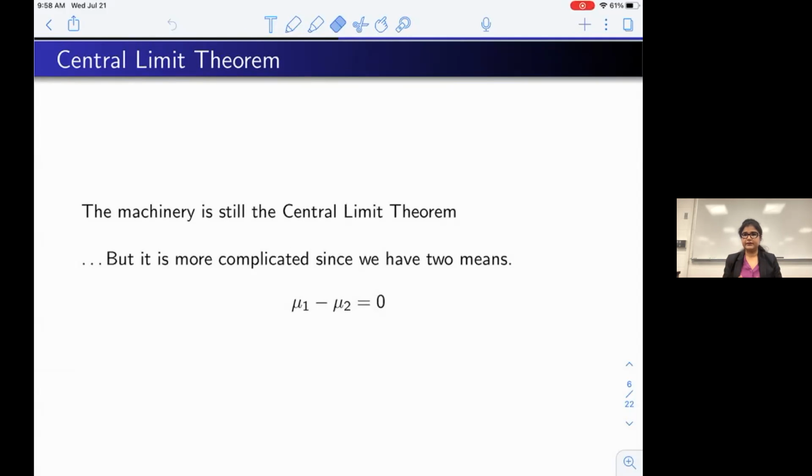If it is close enough, then we can see that our claim is true, or if it is far, then I can see that my claim is wrong. So again we are using the same machinery of the central limit theorem here.